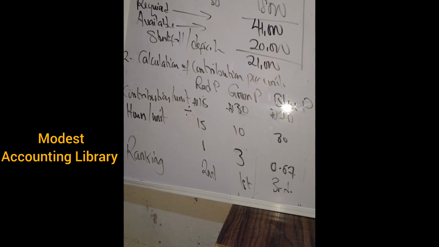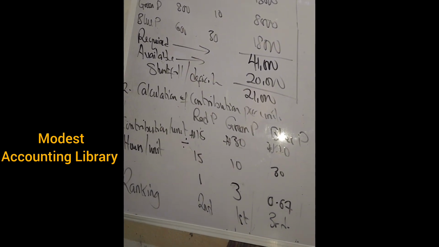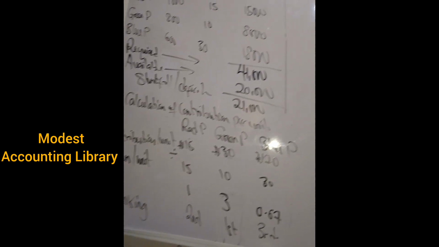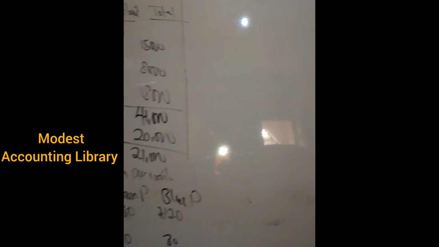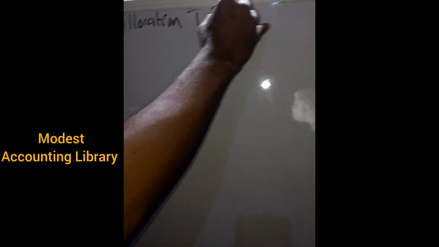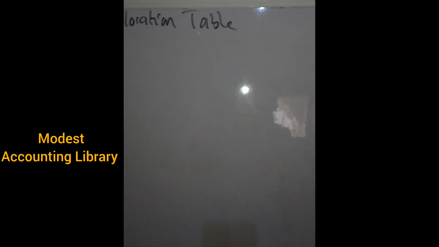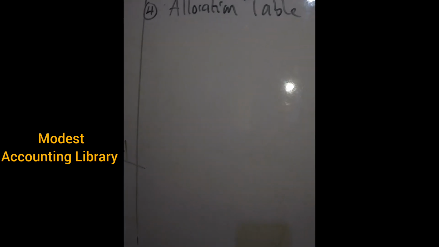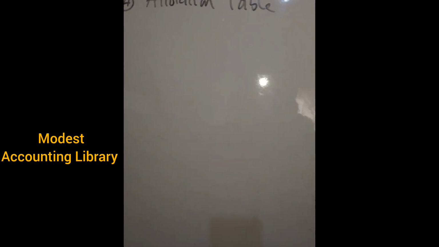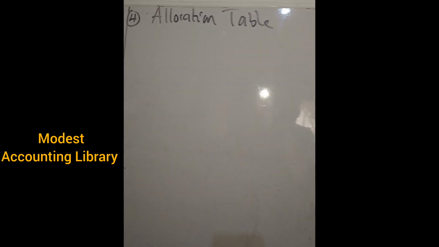So the next line of action is to go to our allocation table. Solution 4. Allocation table. Alright? In our allocation table, we are first going to bring the limiting factor.